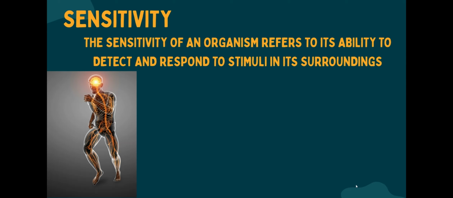If we look at sensitivity in the plant, it's a little different. It's controlled by chemicals, and most of these chemicals move or respond to changes in the environment, whatever this change may be, light or gravity.